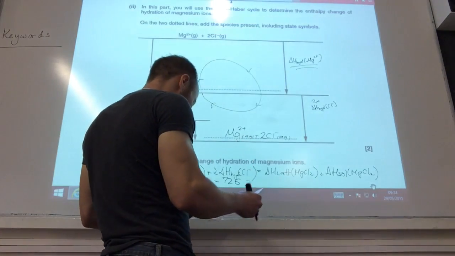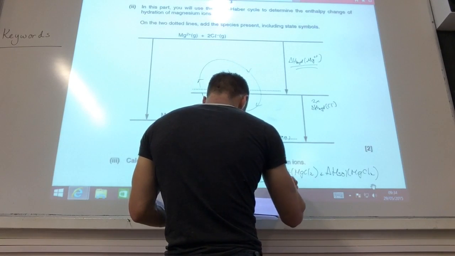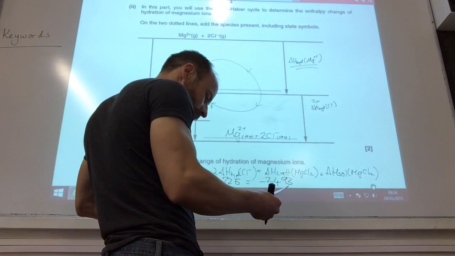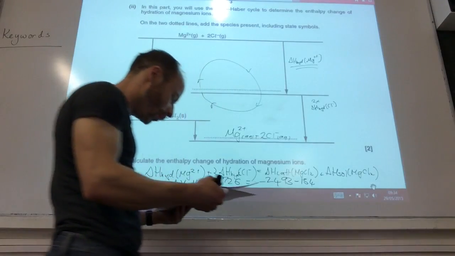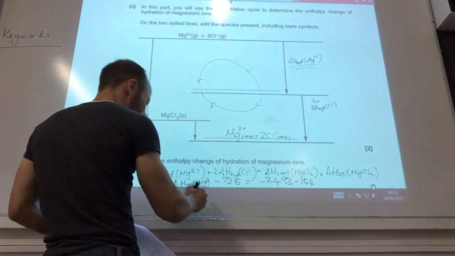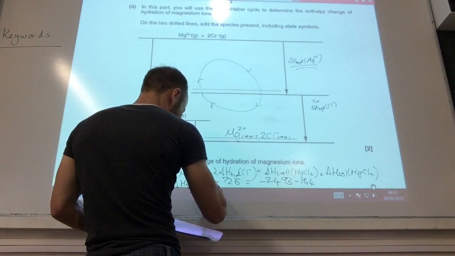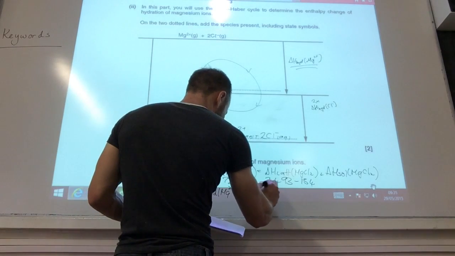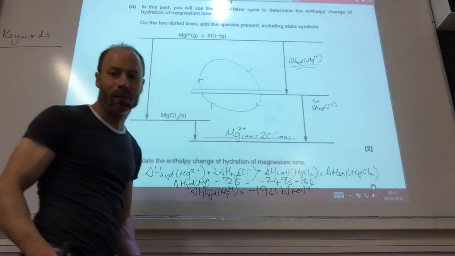That's going to equal lattice enthalpy, which is minus 2,493, and delta H solution is minus 154. If you bung all that through, obviously you're going to take that over to the other side. Delta H hydration Mg2+ equals minus 1,921 kilojoules per mole.